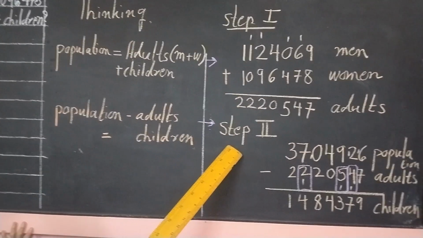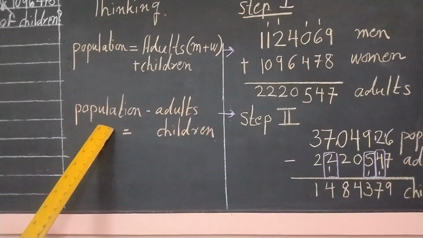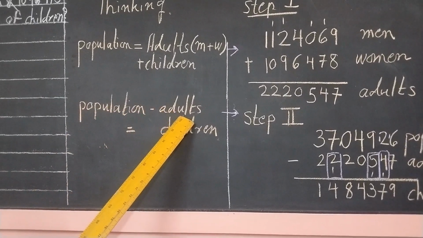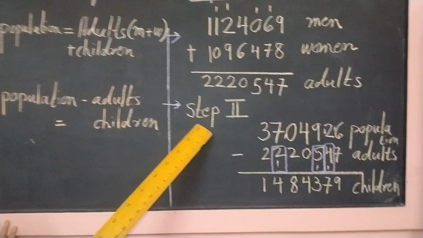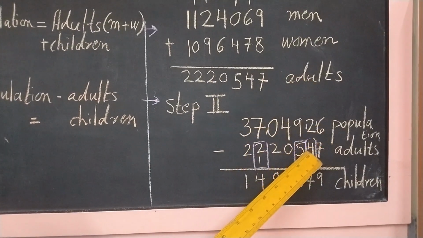Now comes the next step. For the next step, the thinking should be on this line. Population minus adults will give us the children, and hence here the adult population we have to subtract.